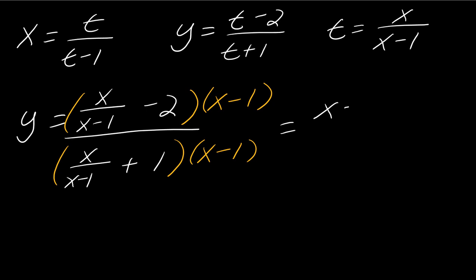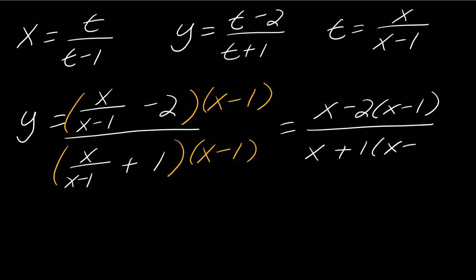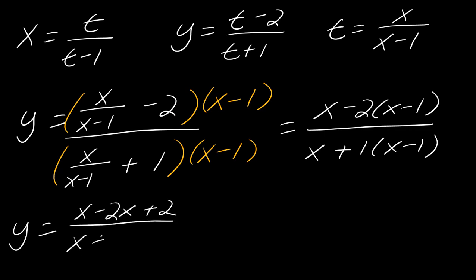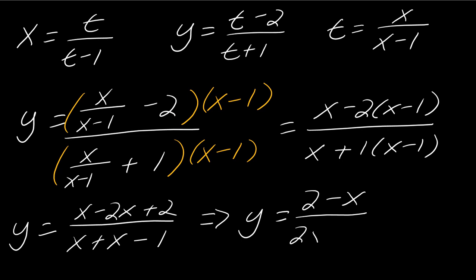Then this will be minus 2 times x minus 1, and this other one becomes x plus 1 times x minus 1. If I sort everything out, I get x minus 2x plus 2 over x plus x minus 1. So ultimately, I get that y is equal to 2 minus x over 2x minus 1. So there's my Cartesian equation.